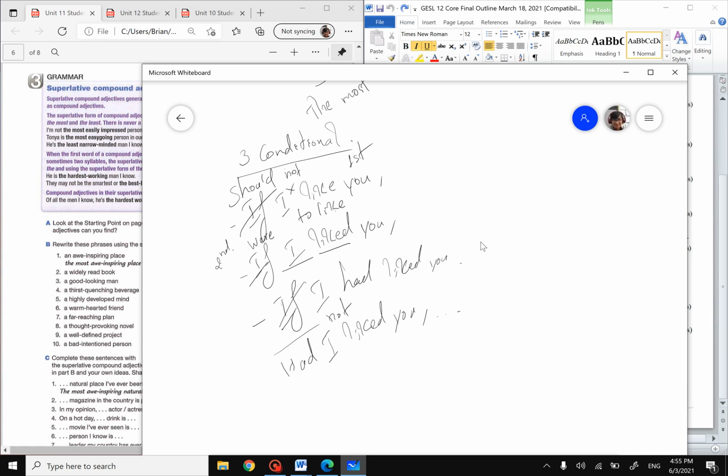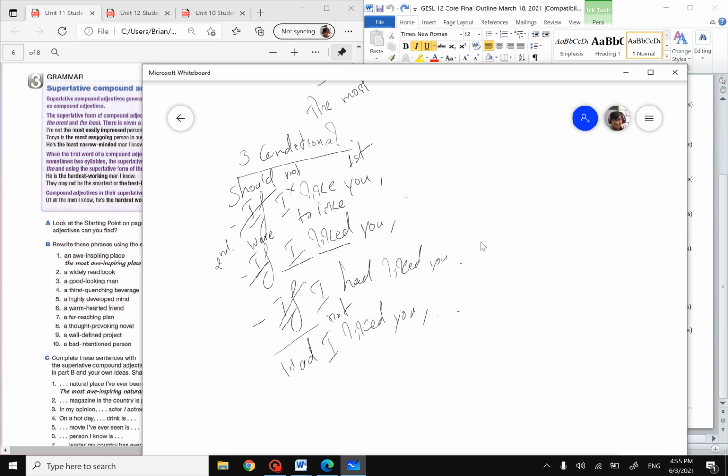Next one, if it is second conditional, similar thing, we cross out if and we put were in the front. It doesn't matter what the subject is, we just put were. And the verb liked here, which is in verb 2 form, we cross it out and then we put to plus base form. So it changed from if I like you to were I to like you.